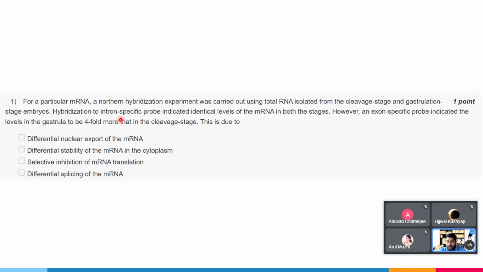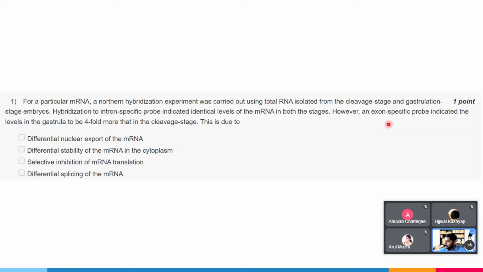What does this mean? Anyone can try unmuting themselves and answering this. What exactly is the difference between an intron-specific probe and an exon-specific probe? If you know the structure of the mRNA, you should be able to answer this: what the intron-specific probe is detecting and what the exon-specific probe is detecting.